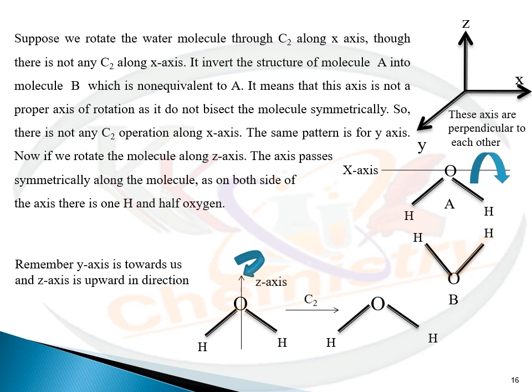Now, if you are given a molecule, how will you decide what type of axis actually exists in that particular molecule, or through which one you can rotate the molecule, as we have x, y, and z axes.